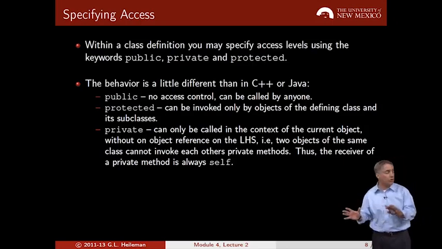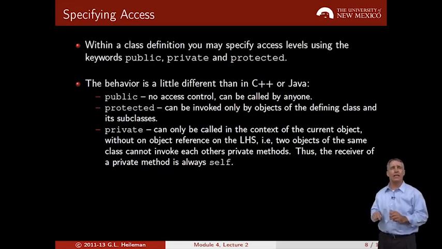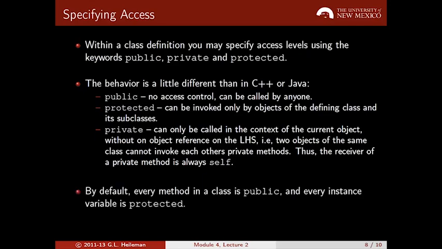This is something you can do in some other object-oriented programming languages. What this means is that the receiver of a private method can only be self. You can only invoke the private method from within a method in your class. So a bit of a distinction between other object-oriented languages here.